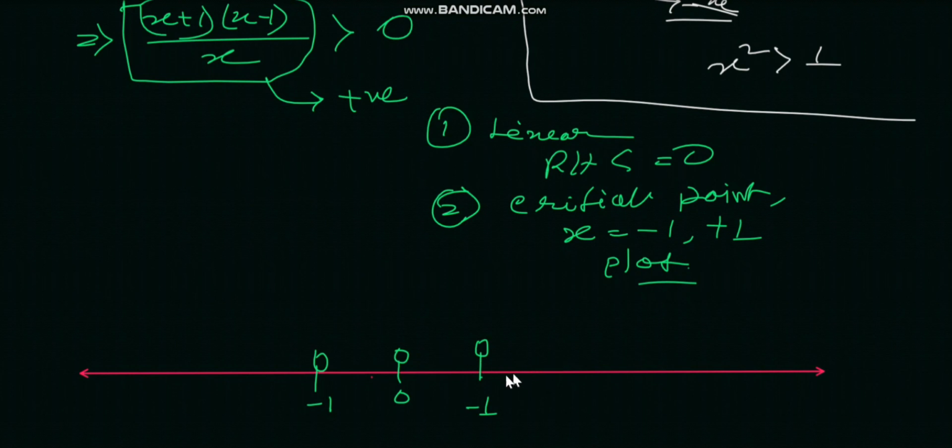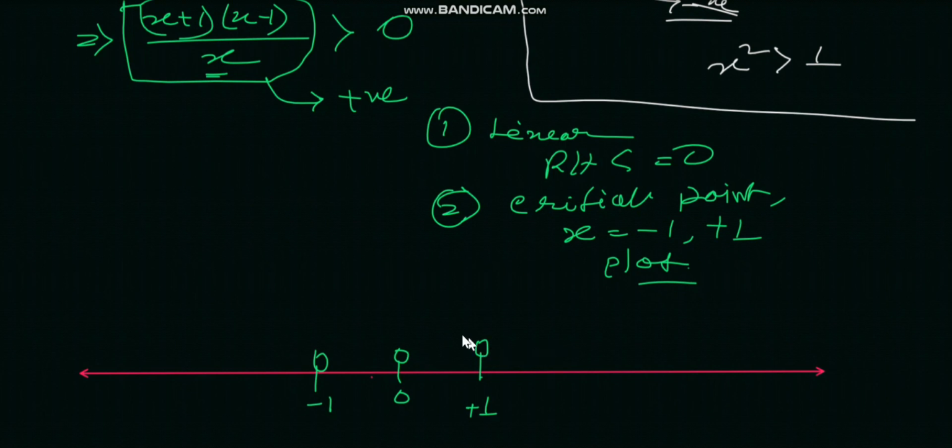If we give minus 1 here, it will be 0, so this is obviously excluded. Let's see 0, if we give 0 here, this is x and it cannot be 0, so this is also excluded. If we give plus 1 here, we have 0, right? So these critical points are excluded.